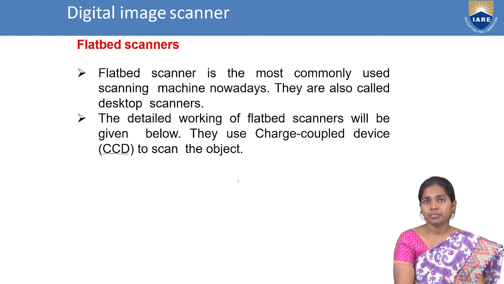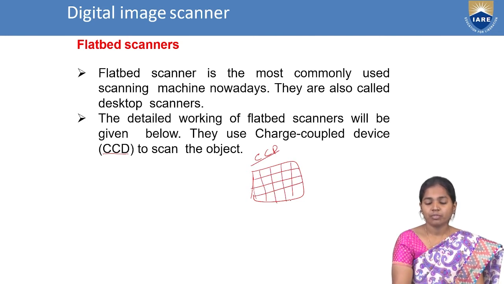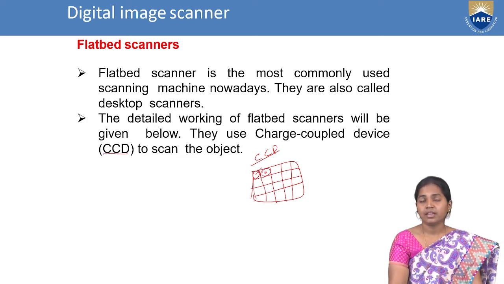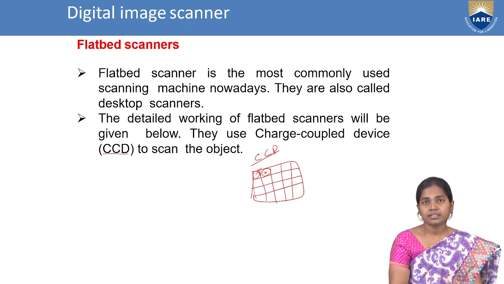A charge coupled device consists of an array of sensors, an array of CCD. Here we place a number of sensors arranged in an array form, and that is nothing but a charge coupled device.